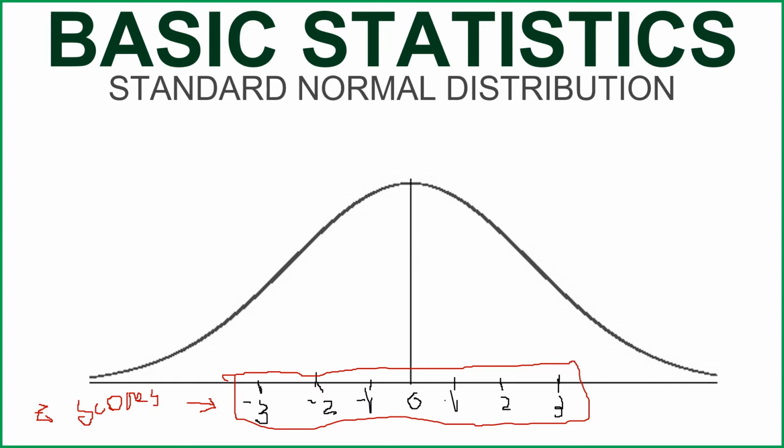Tapos, yung 0 natin dito, this is our mean. Kaya nga sa questions, meron diyan, find the area of the mean down to any z-score value. Ibig sabihin, magsisimula ka sa 0.